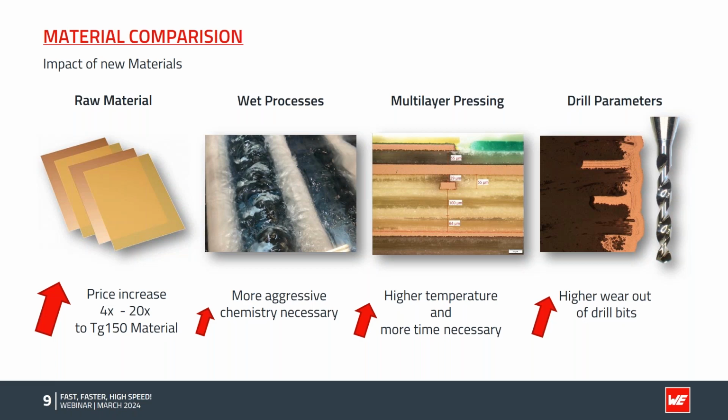And if you add, for example, these ceramic fillers, the lifetime will decrease 10 times. So in Rogers material, you can only drill 300 holes, and then you have to change the drill bit, which adds a lot of time and also money for the additional drill bits. So there are important changes in the production of these high-speed boards.